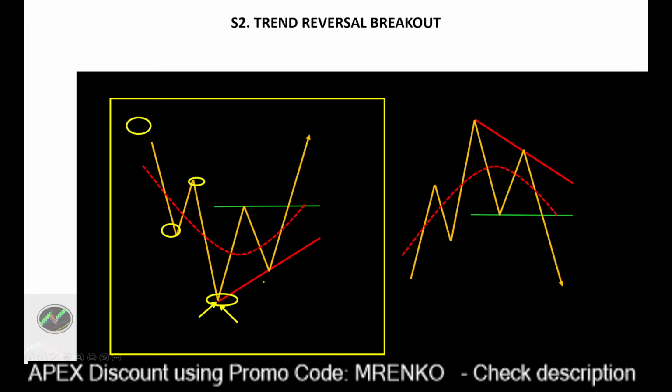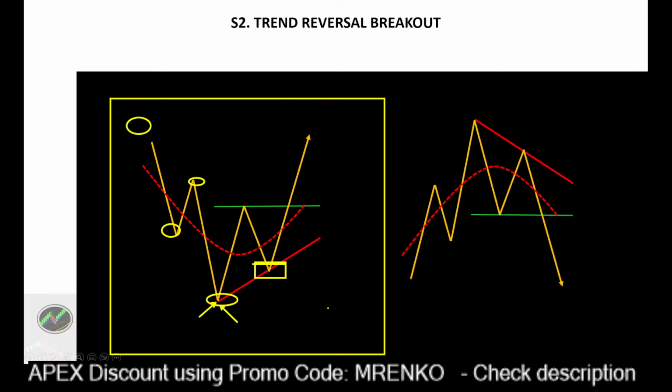And how do we know that? Because we see a new low here, which is higher than this low. So there's always a probability that this is going to come back down at some point.